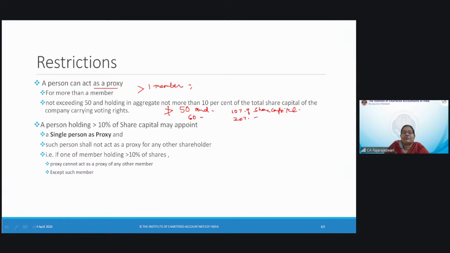He cannot act as a proxy for 60 members, or for 20% of the share capital. So the restriction is that he can act as a proxy for 50 members, but for 51 or 52 members a person cannot act as a proxy. And also the limit for the percentage of share capital is not more than 10% of the share capital.